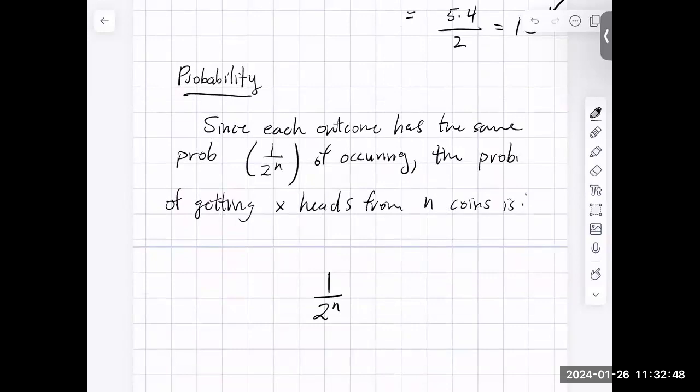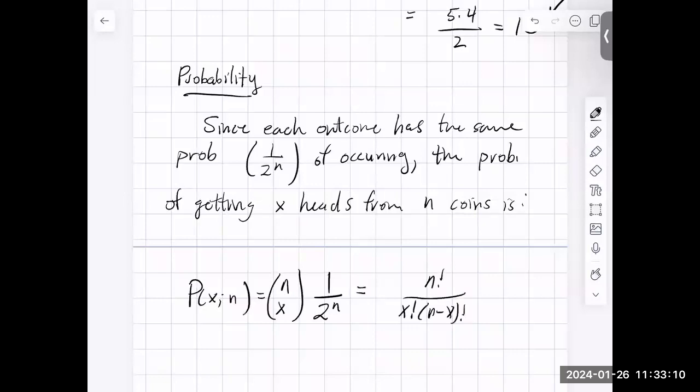And so that's just N choose X. So this probability is going to be equal to N choose X times 1 over 2 to the N, which is the same as N factorial over X factorial times N minus X factorial, times 1 over 2 to the N.